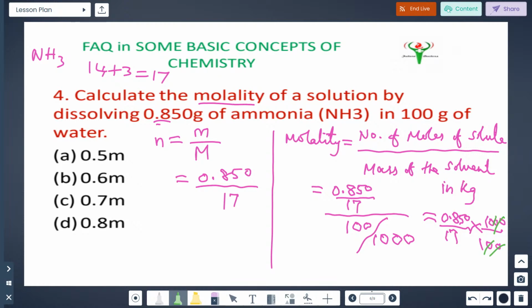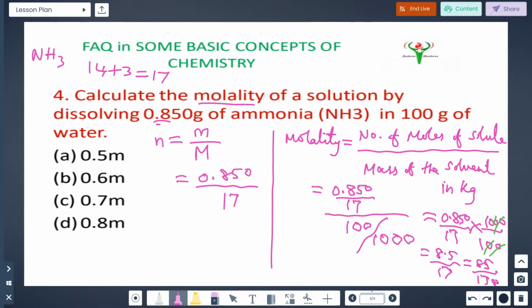It will be 8.5 by 17. Again multiply both sides by 10, it will be 85 by 170.